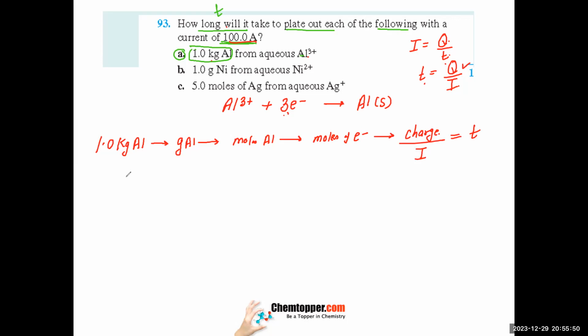So let's start with 1 kg of aluminum. Keep helping me, whatever you can do. Convert that into grams. Convert that into moles. Use the periodic table.